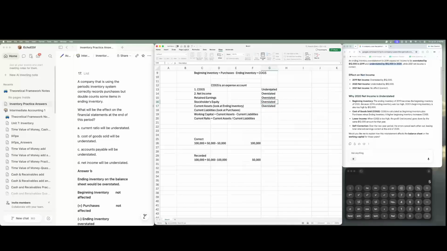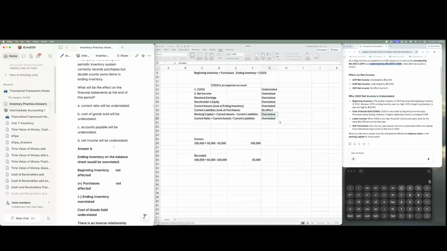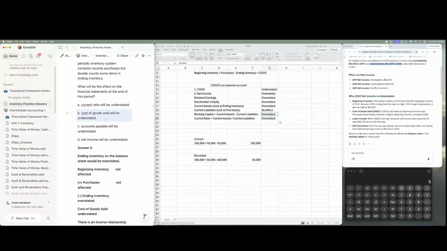The purchases have no effect, correct? So if the current assets are overstated, the working capital is overstated and the current ratio is overstated at the end of the period. So cost of goods sold would be understated, that's correct.